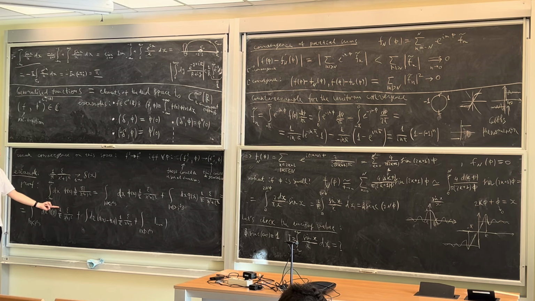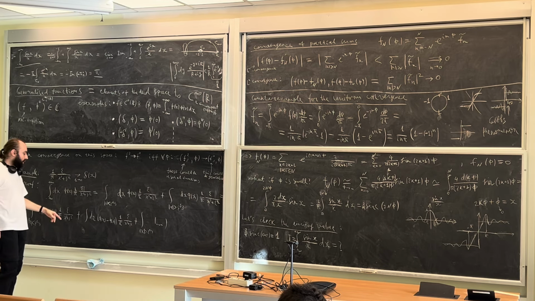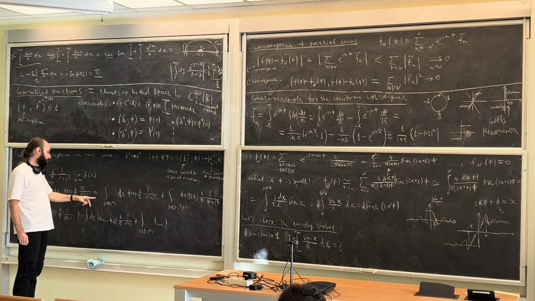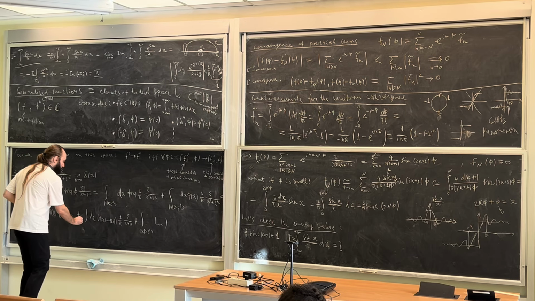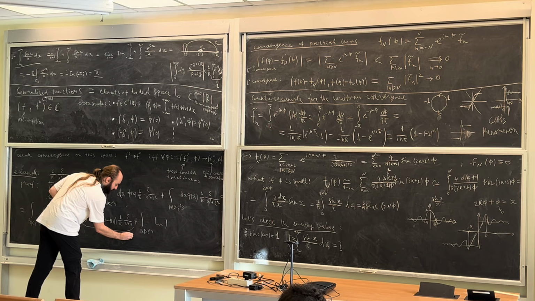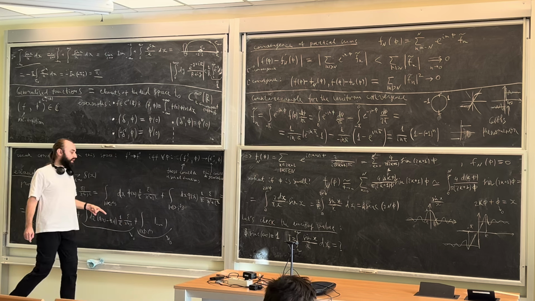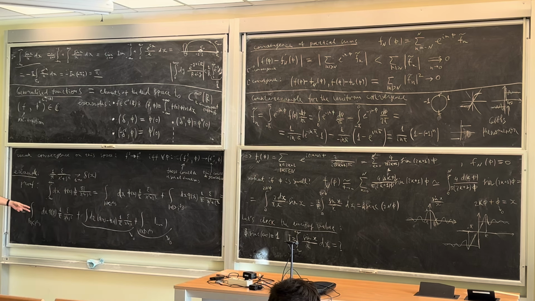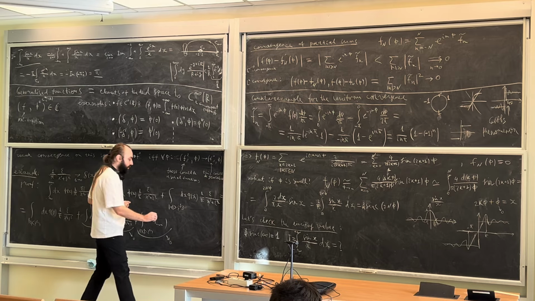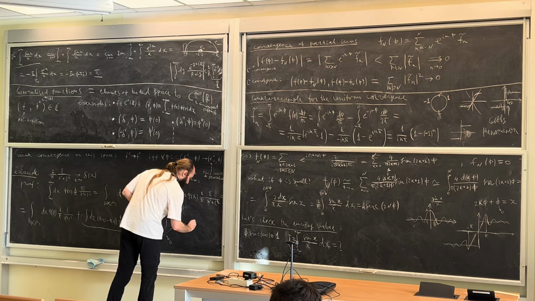And since phi is a C infinity function, we can check. It's some boring computation. So we can prove that all these terms go to zero for smooth functions, and then this integral goes actually to phi of 0 when epsilon goes to 0.